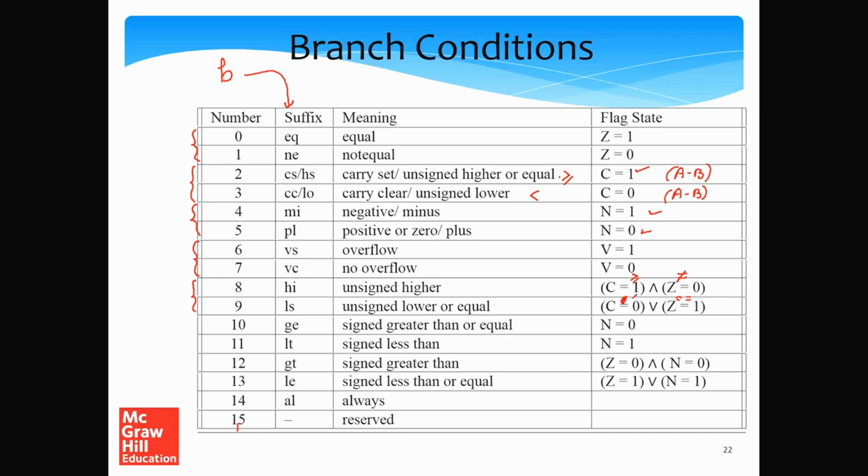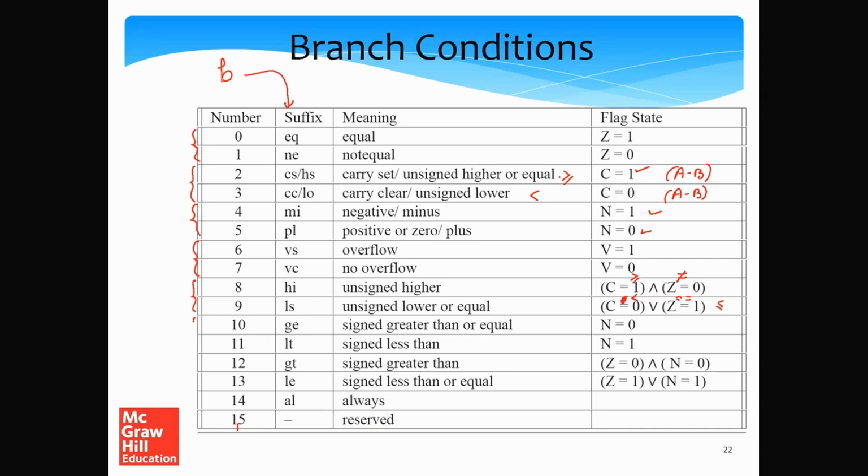So C equal to 0 means that if both numbers are A and B, A is less than B. This is either one condition or it is strictly equal. If I combine the conditions, we have less than or equal, which is exactly what it says: the LS suffix means that if I am comparing A and B, A is unsigned lower or equal.